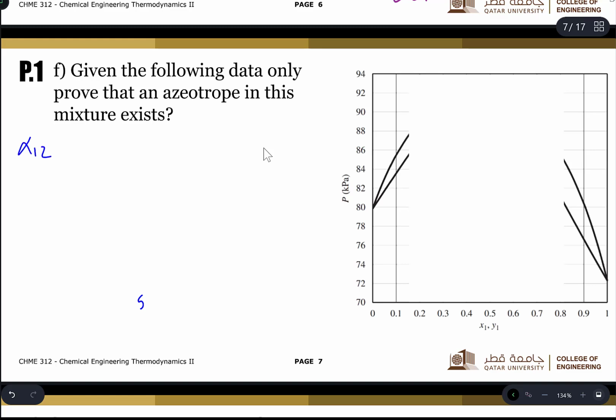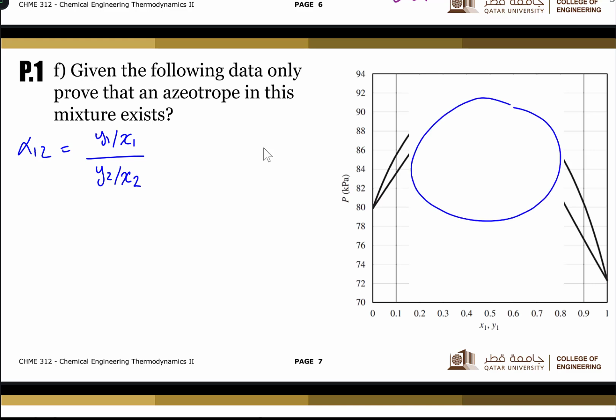It was the ratio of the mole fractions for the first component divided by the second, so y1 divided by x1, divided by y2 divided by x2. And how did we prove that an azeotrope exists? We set this expression equal to 1. If it equals 1, that's where the azeotrope exists.